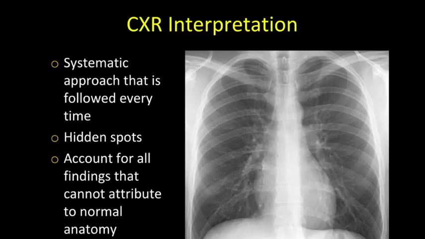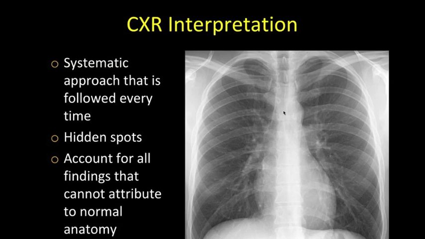A systematic approach is key for accurate chest X-ray interpretation. This can entail scrutiny of the X-ray in terms of the periphery of the image, paying attention to the osseous structures, the abdominal structures and shadows, in addition to the periphery of the ribs and scapula.